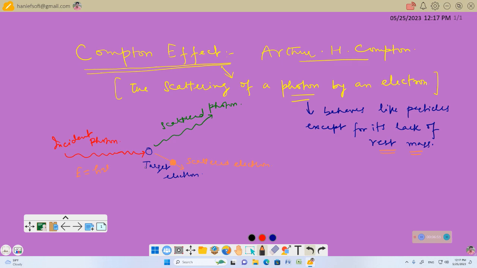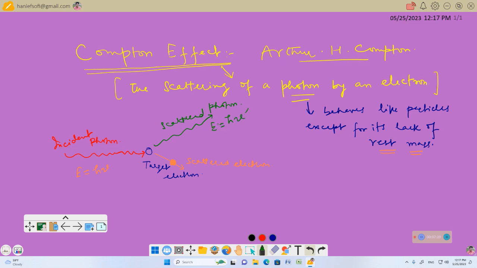When it hits this target electron, it loses some energy because some of the energy gets transferred to this target electron. Therefore, this scattered photon has different energy. It will be h nu prime.